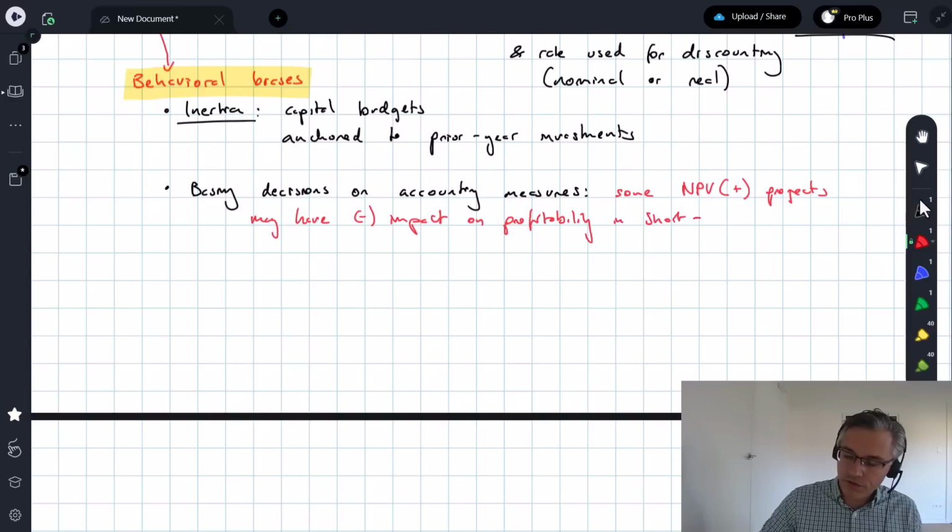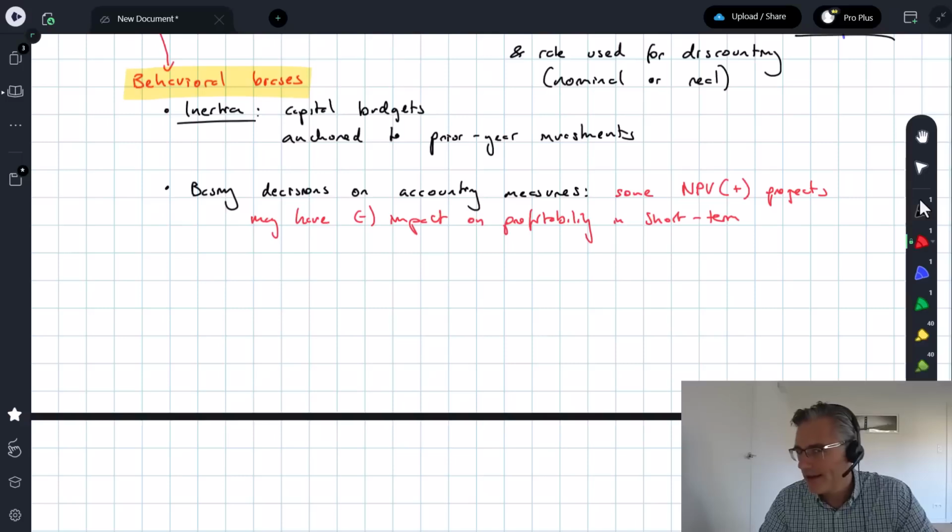So in the short term, maybe the first 1-2 years, they will be a drag on your earnings per share, on your net profit, etc. But later down the line, they should provide a boost.